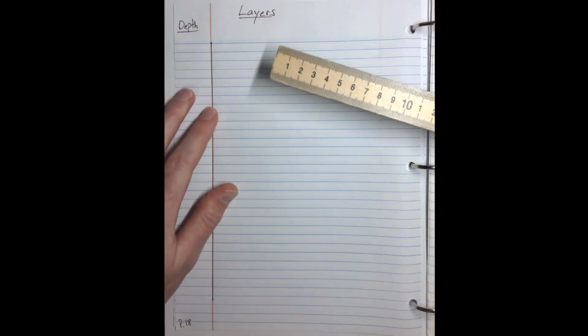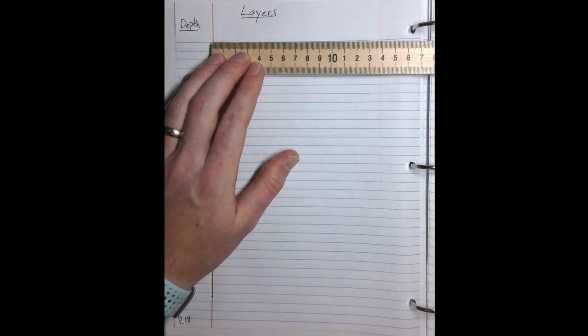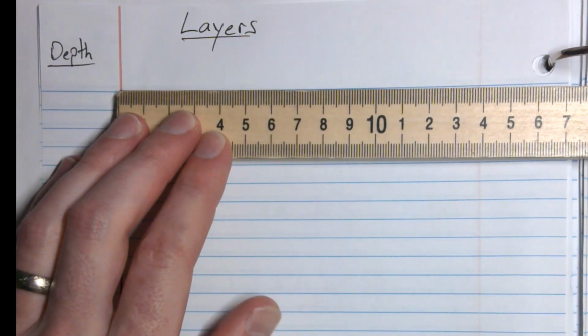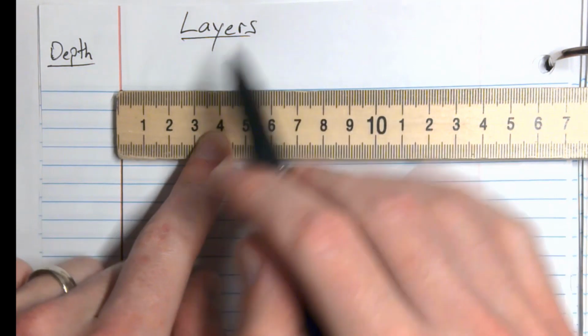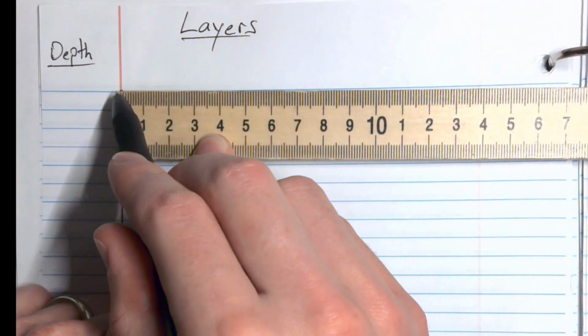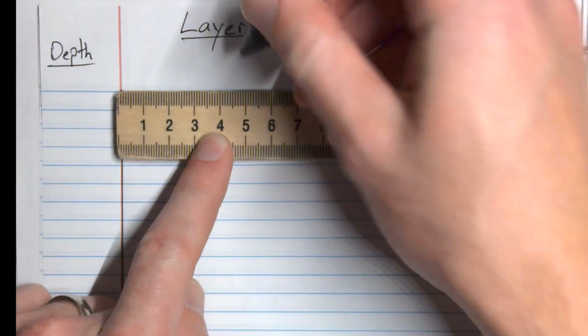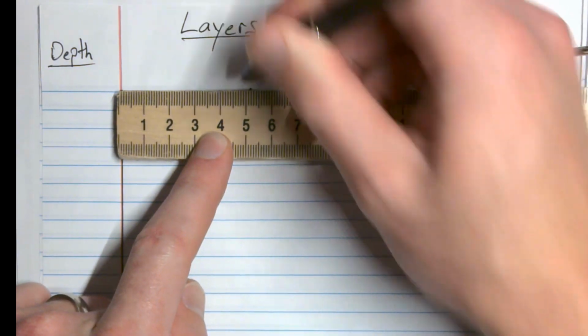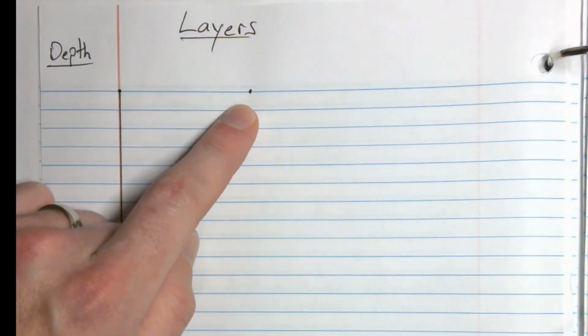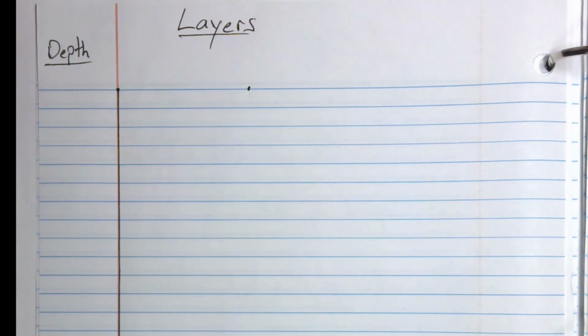Let's make our next one. We're gonna go over, starting at 0, at our dot, 5 centimeters, following that top blue line. And I'm just gonna make a dot there. And we're gonna go straight down again for another 21 centimeters.